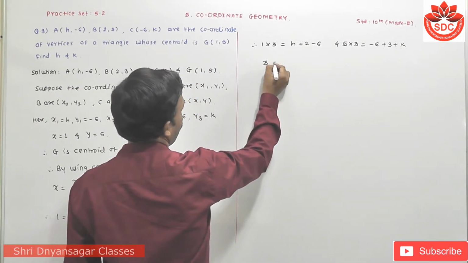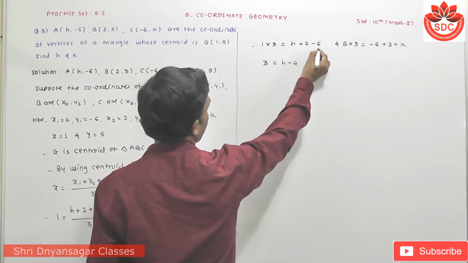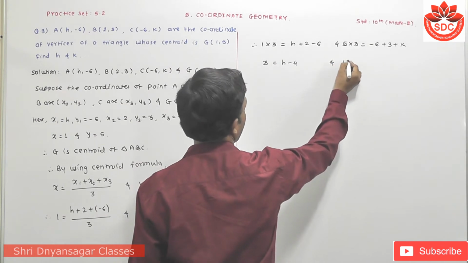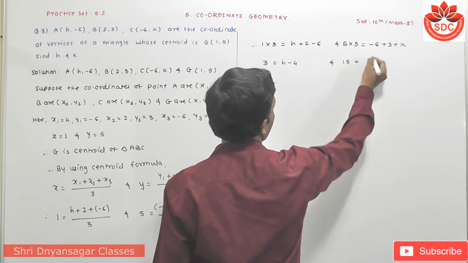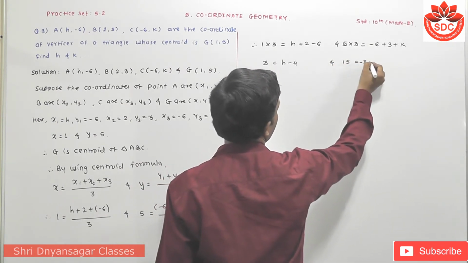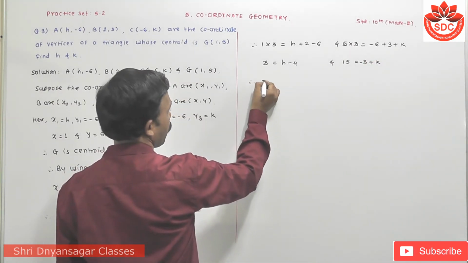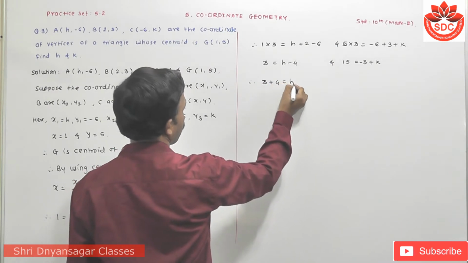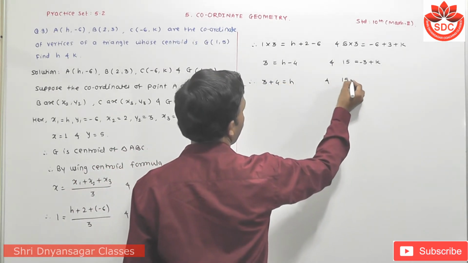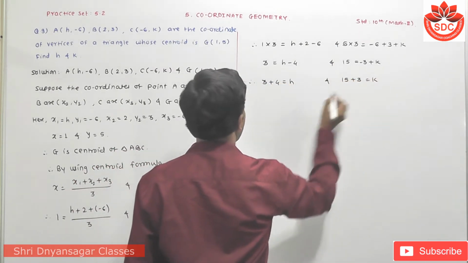Now 3 into 1 is 3, equal to h - 4, subtraction of these two, and 5 into 3 is 15, equal to -3 + k. Again transposing to the other side, we get 3 + 4 is equal to h and 15 + 3 is equal to k.